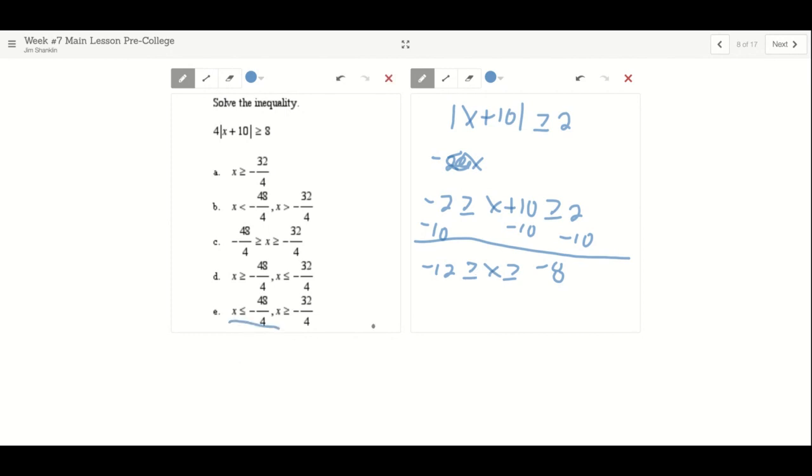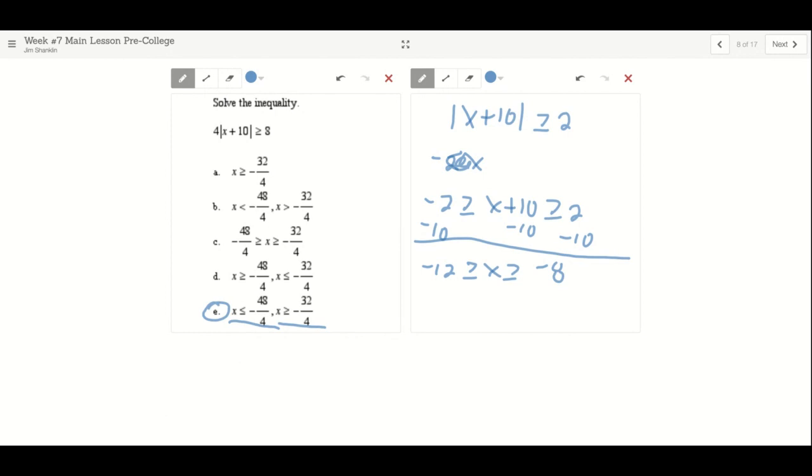That looks good right there. X is greater than or equal to 8. Well, 32 divided by 8, that looks good right there. I am going to go with letter E for that answer. I don't know why they left them as fractions. That's kind of weird. But I would go with letter E.